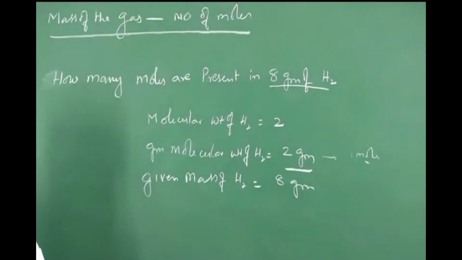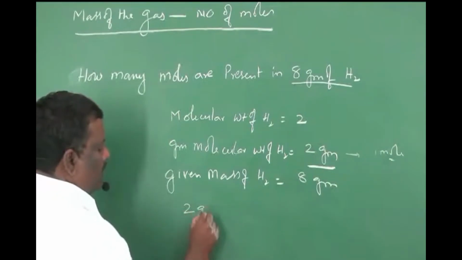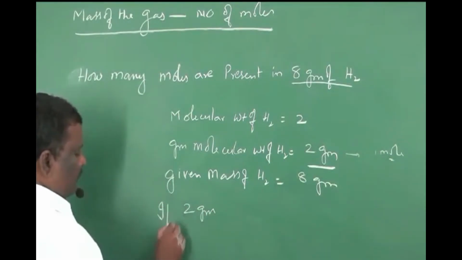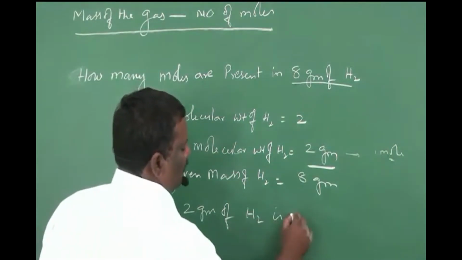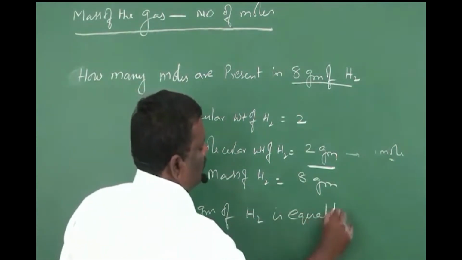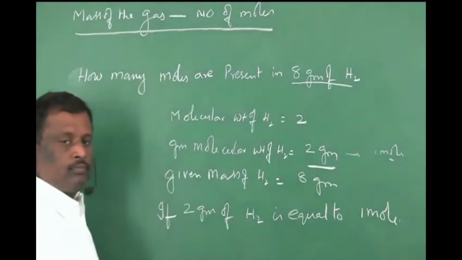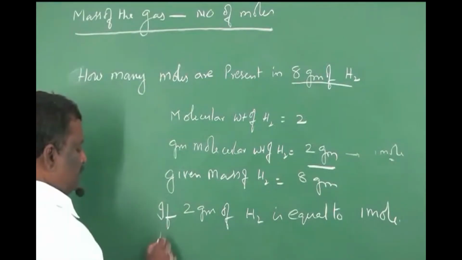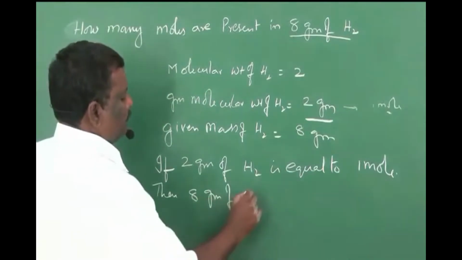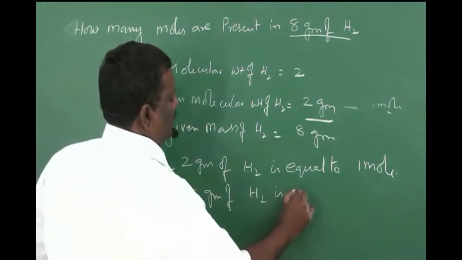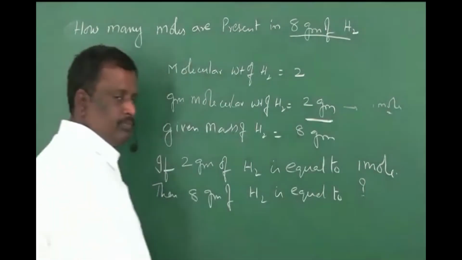So, if 2 grams of H2 is equal to 1 mole, then 8 grams of H2 is equal to how many moles?